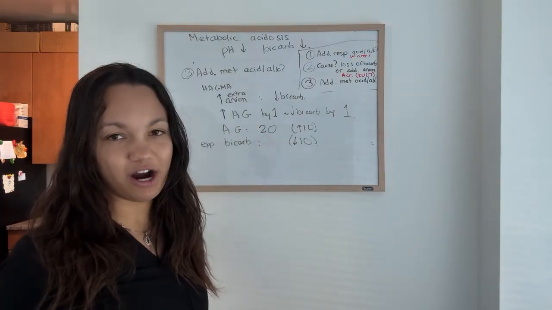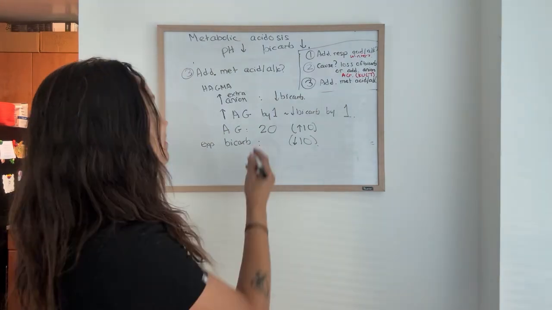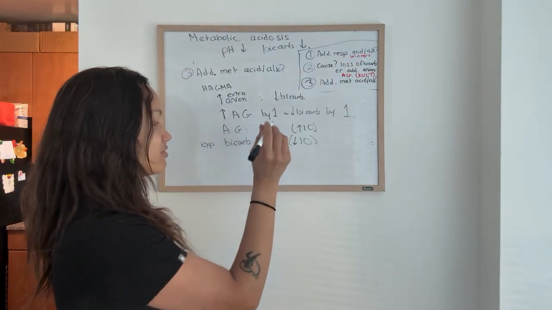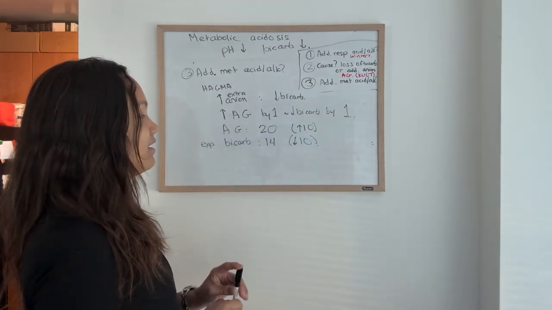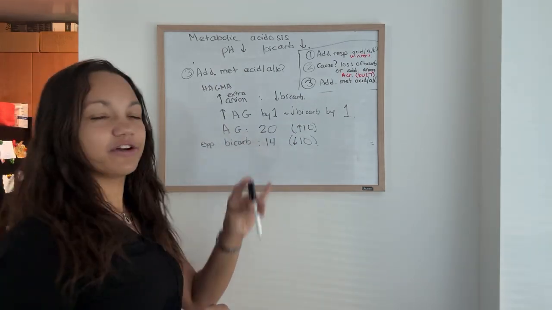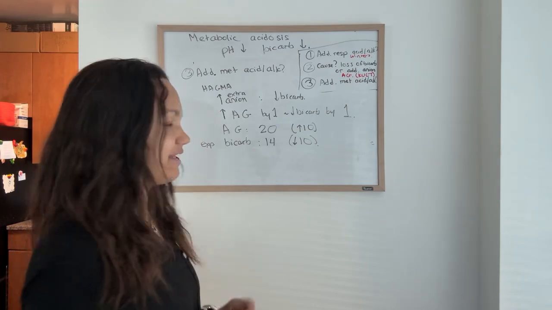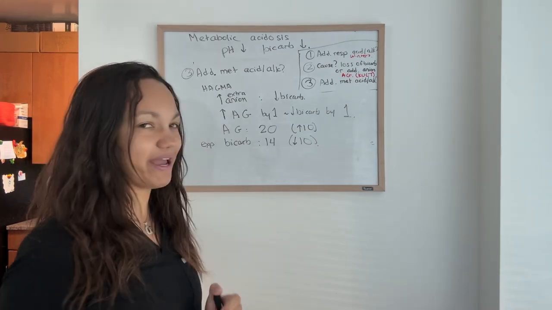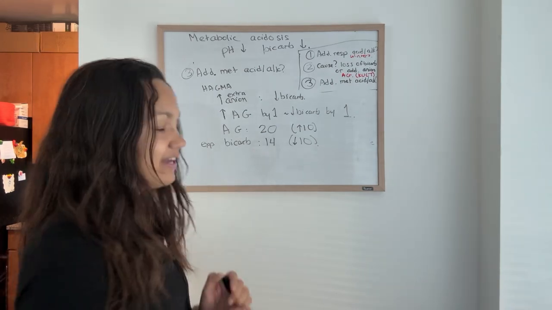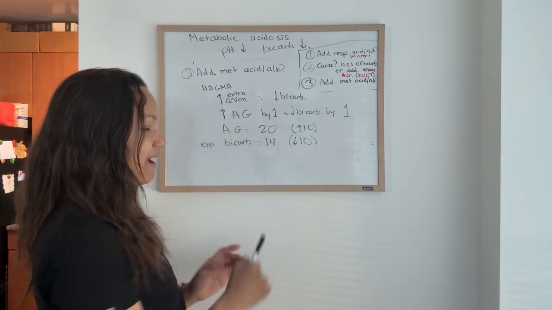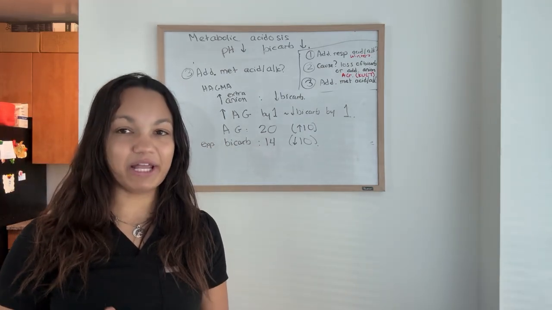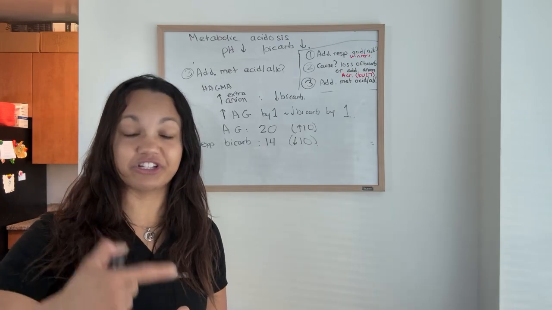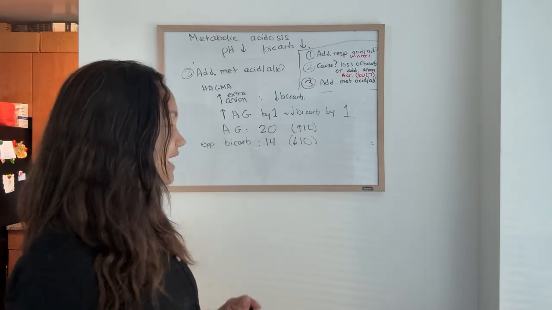So if a normal bicarb is 24, my expected bicarb is 24 minus 10, or 14. And then I look at my patient's levels, and I find out their actual bicarb is 10. It's lower than my expected bicarb. That means there's an additional metabolic acidosis, specifically an additional normal anion gap metabolic acidosis.